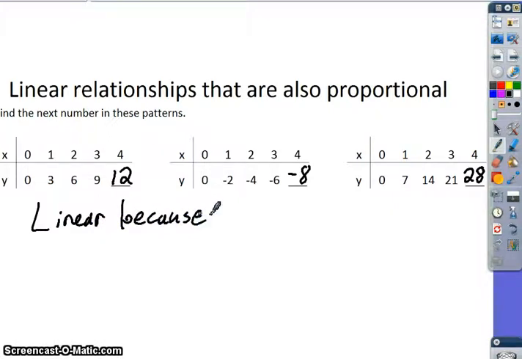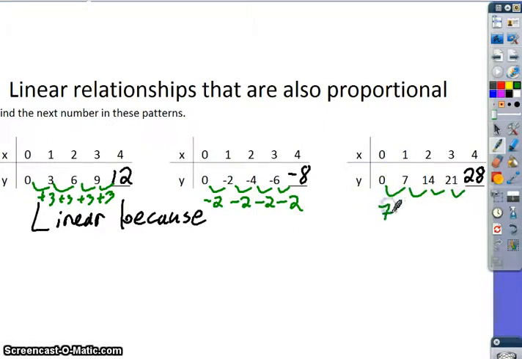Pull a name, please. Jessica, why is this linear? Do you know why? Let me show you this. The slope here is 3, 3, 3, 3. The slope here is negative 2, negative 2, negative 2, negative 2.